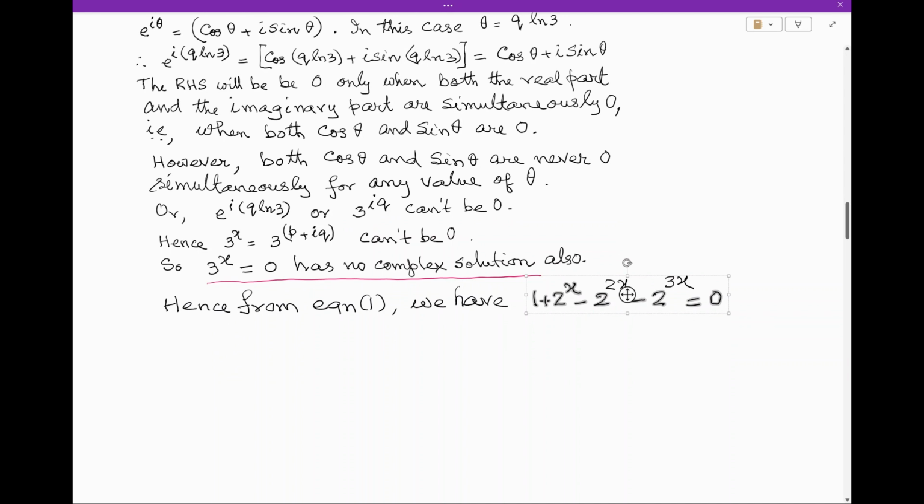Therefore, 3 to the power of x, which is 3 to the power of p times 3 to the power of iq, can never be 0. So, 3 to the power of x equal to 0 has no complex solutions also.